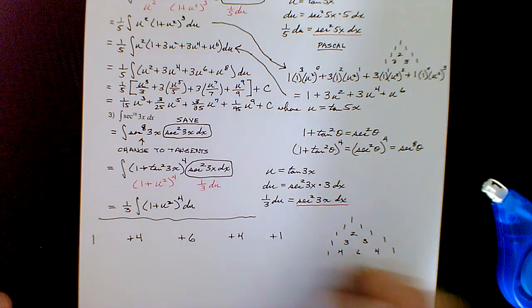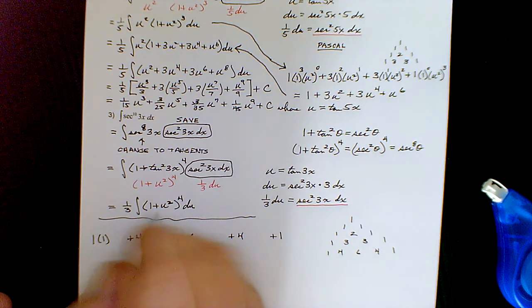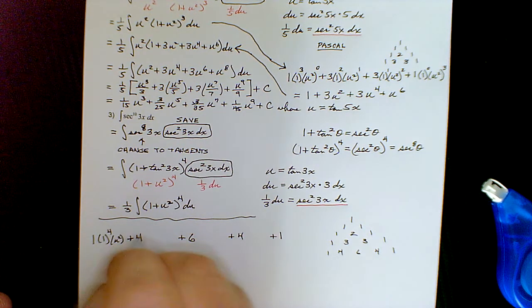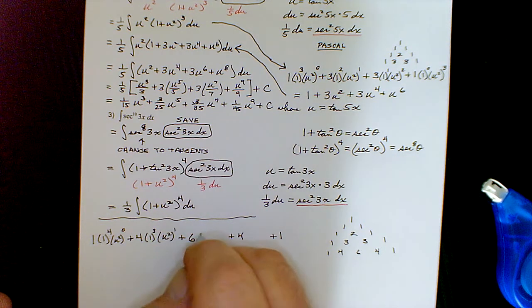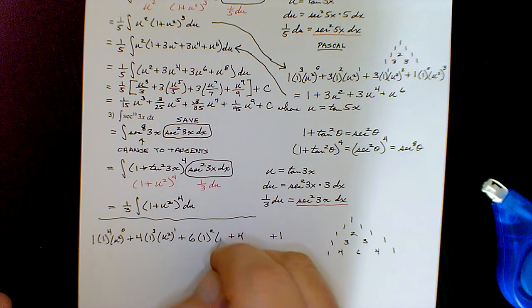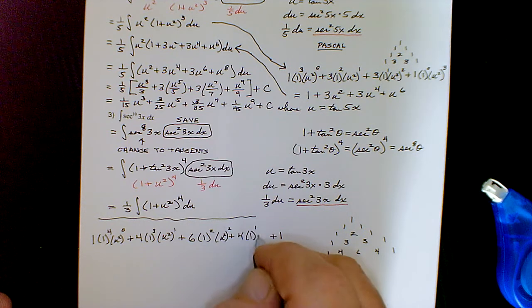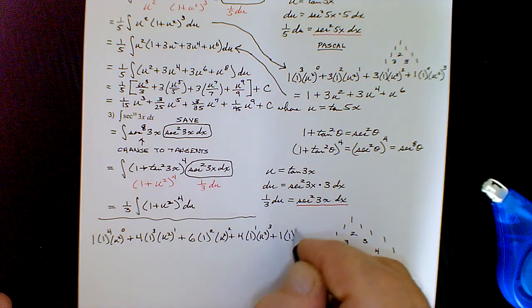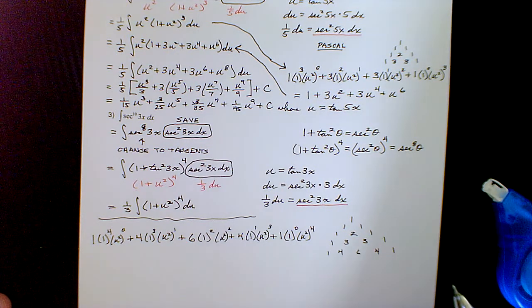And then we start with our pattern of powers. So 1 is the first term to the 4th, u squared to the 0, decrease 1 cubed, increase u squared to the 1st, decrease 1 squared, u squared squared, 1 to the 1st, u squared cubed, finally 1 to the 0, and u squared to the 4th.